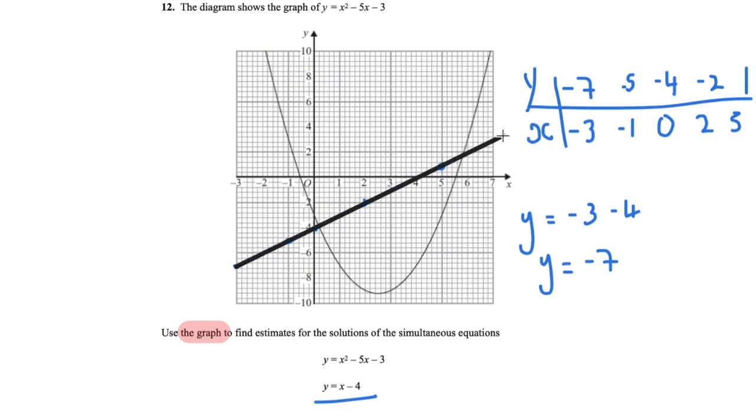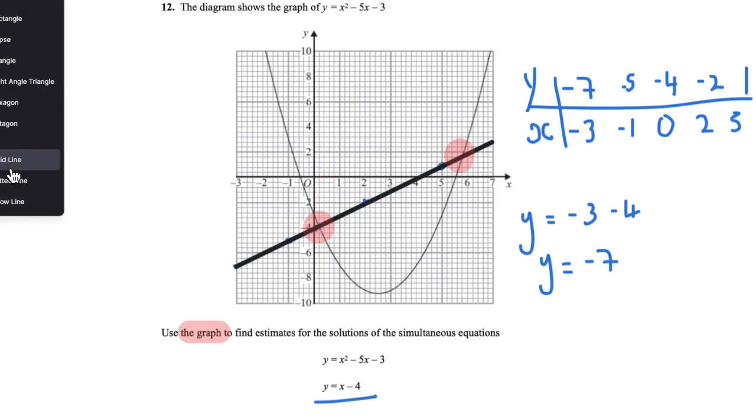Now this line is a bit too thick, but anyway, we'll go with it. And then to find the answers to the simultaneous equations, you want to look here, where these lines cross, and here, where these lines cross. So we've got here, if we draw a little, let's get another line.